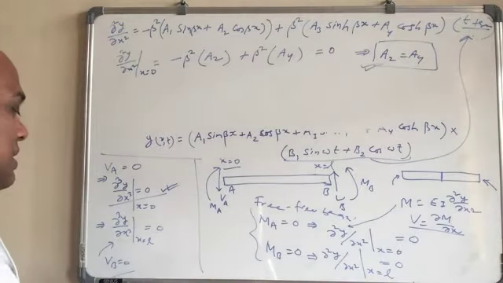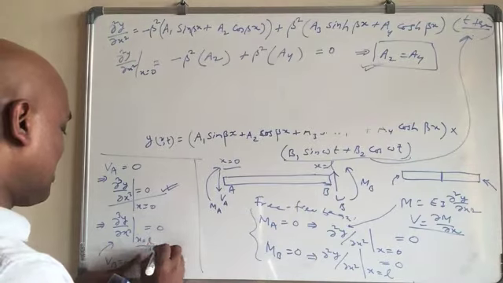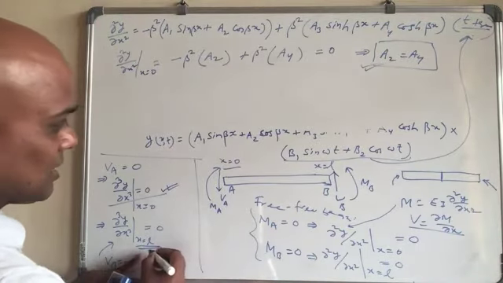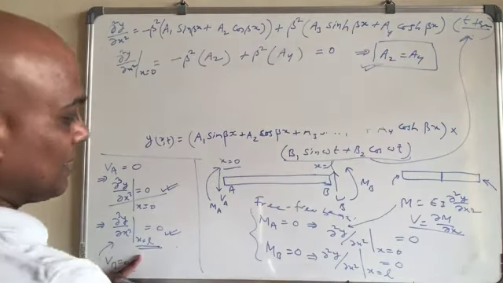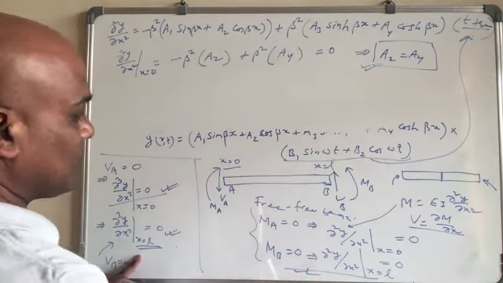However, more important here are the relations you get for x equal to L. So at x equal to L, this expression is equal to 0, and this expression is also equal to 0, right?